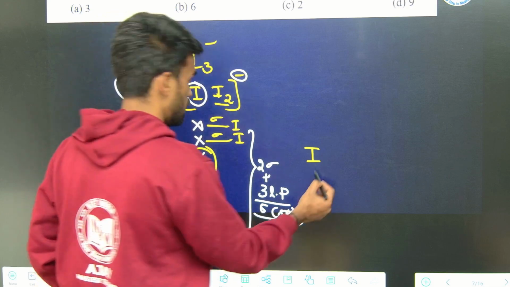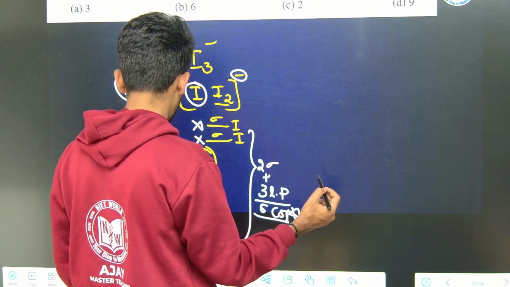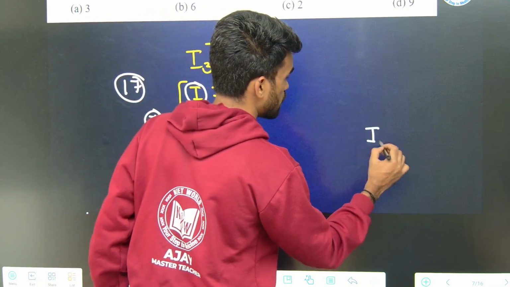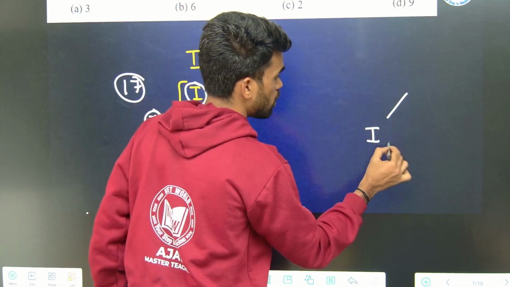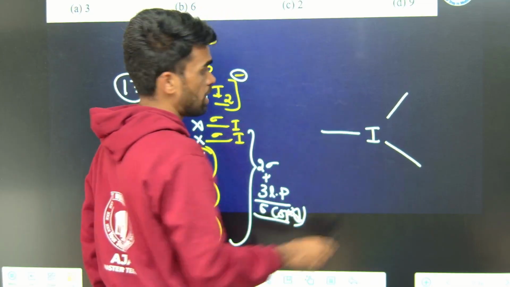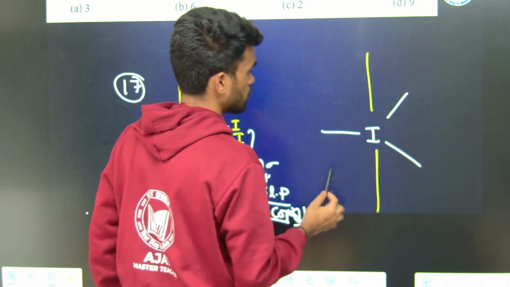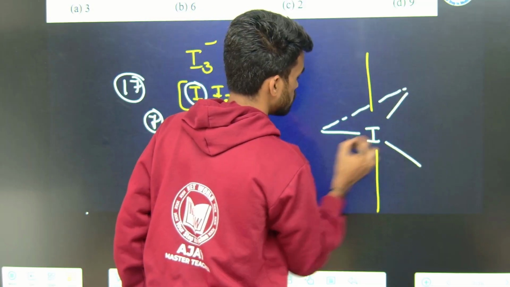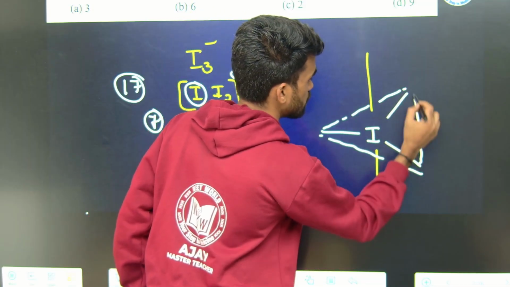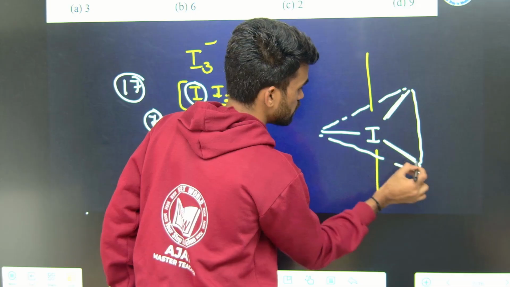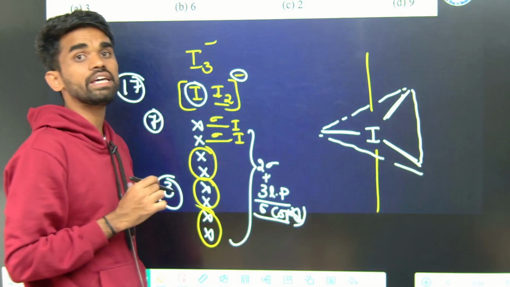So what do we mean by trigonal bipyramidal geometry? You write the central atom like this and put 5 bonds like this. 3 over here, and the next ones here and here. You know this white line, whichever you are seeing, this one and this one and this one, these bonds are called equatorial bonds.